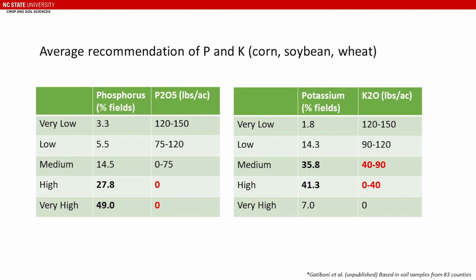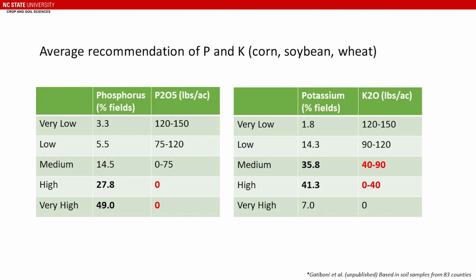And in some fields we still have a fair amount of fertilizer that is recommended. When we move to potassium, it's a little bit different. We have more than 75% of our fields that require potassium every year, at least 60 pounds on average of potassium. What's the reason for these two big nutrients to be very different?